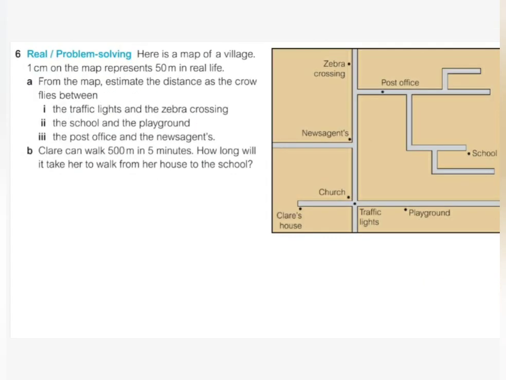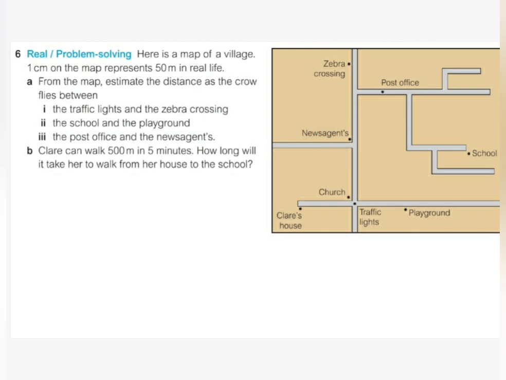So, traffic lights, which is here, this dot, and the zebra crossing. And then we have the school and the playground, so the playground and school here, and then we have the post office and the news agents. Post office and news agents, yes, that's it.